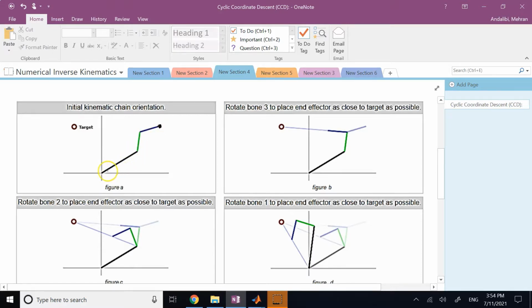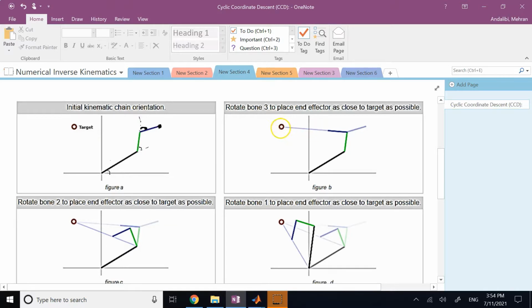If I lock the first angle and the second angle and say I'm not going to change this, all I want to change is this third angle here. What can I do to this angle? How can I change it to bring this end effector closer to the target, as close as possible, just by changing that angle only? And you say, well, that's not so hard.